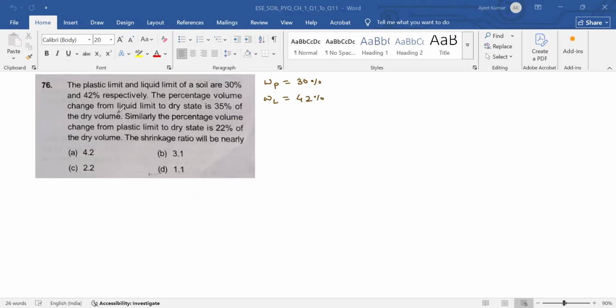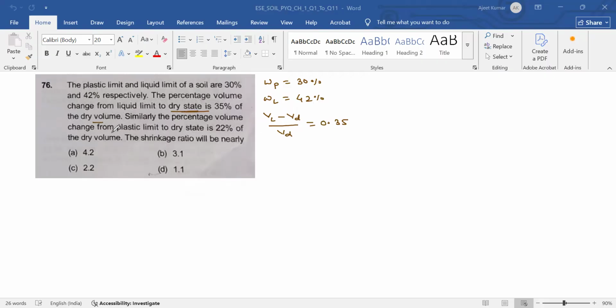The percentage volume change from liquid limit to dry state is 35%. So from liquid limit to dry state, volume at liquid limit minus volume at dry state divided by volume at dry state is 0.35 of the dry volume.